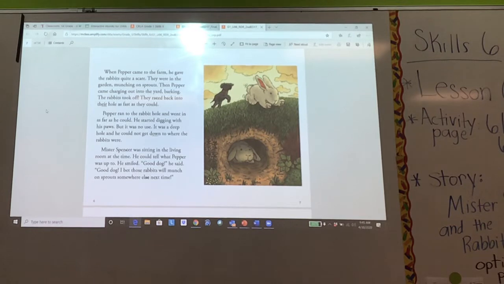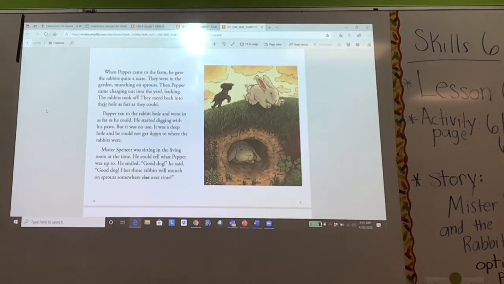When Pepper came to the farm, he gave the rabbits quite a scare. They were in the garden munching on sprouts. Then Pepper came charging out into the yard, barking. The rabbits took off. They raced back into their hole as fast as they could.